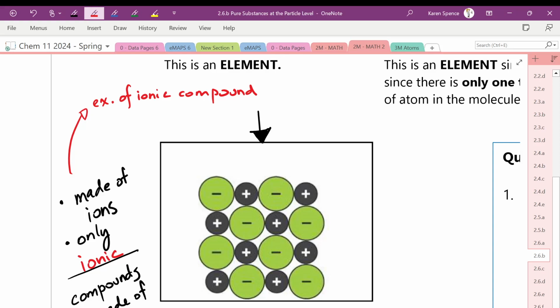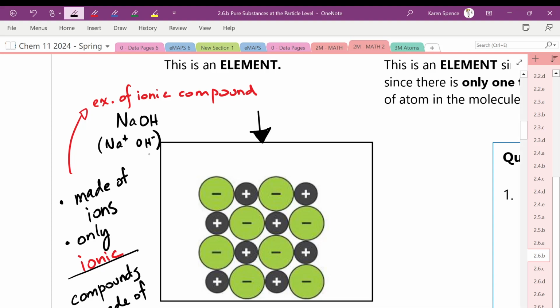I'm sure all of you can think of at least one. Have you told your partner? NaOH, fantastic, which is made of Na plus and OH minus. Any other examples?